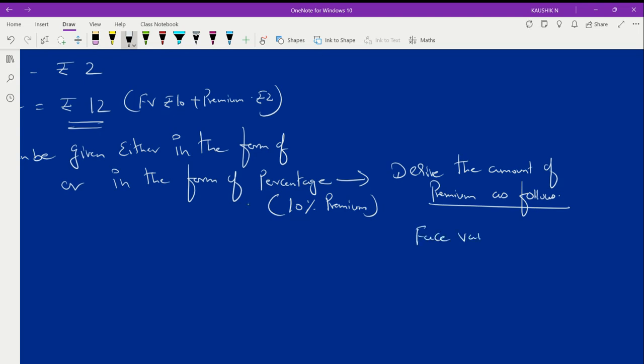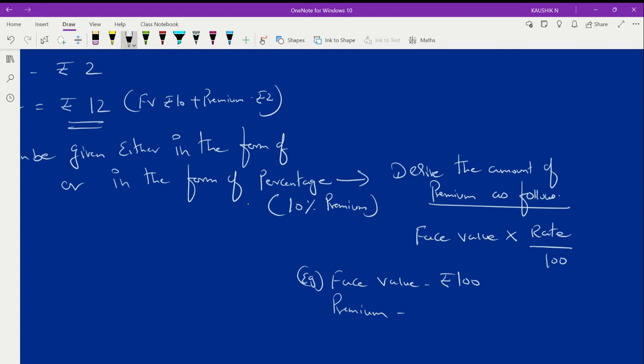Face value into the given rate of percentage, rate by 100. Example, face value is given as rupees 100 and they said it is issued at premium.